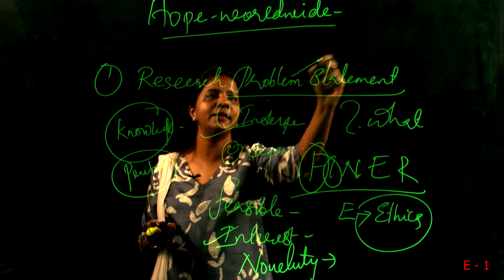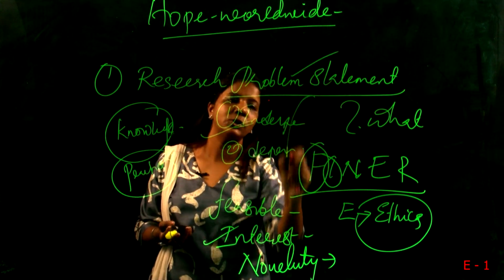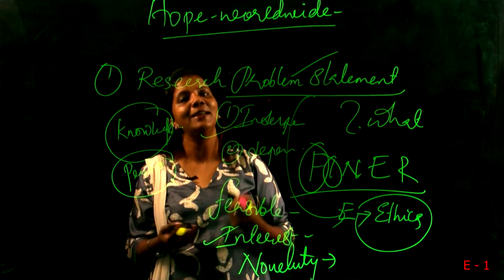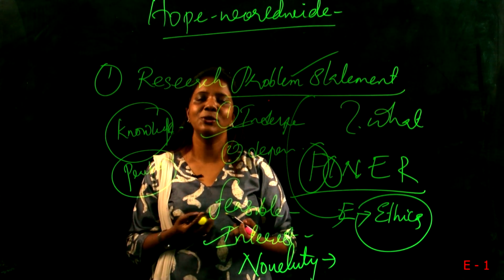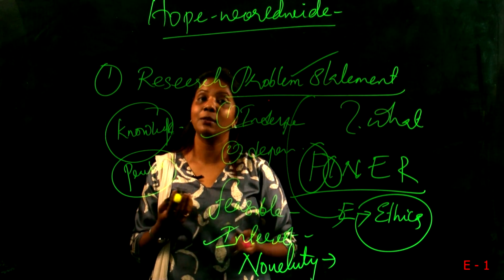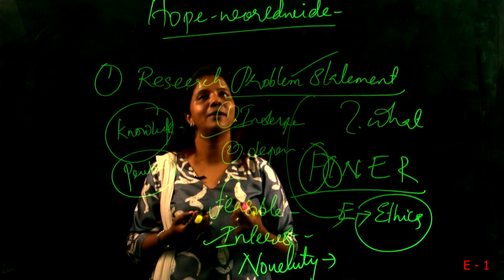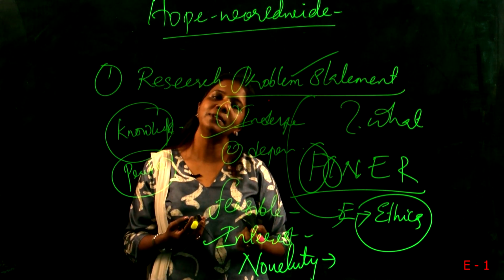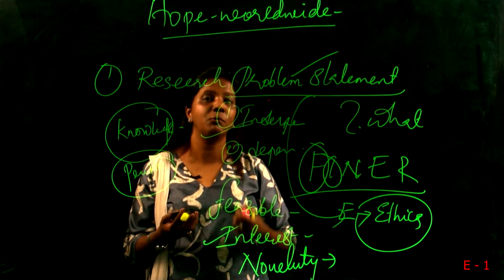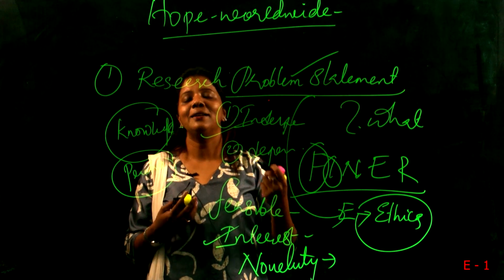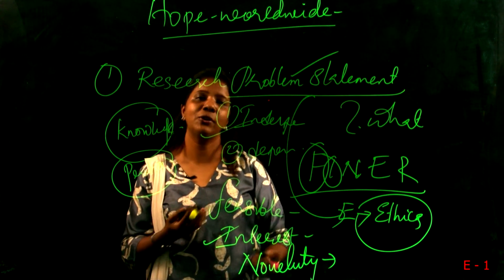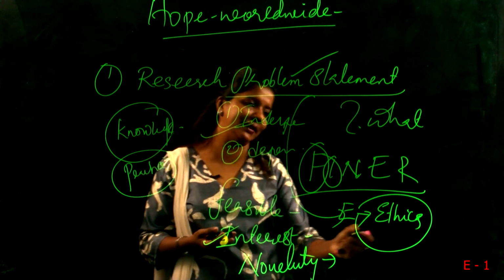So whenever you are selecting a statement of the problem, make sure that it is ethically approved and that it can legally be conducted. You cannot interfere with the privacy of the client. You cannot interfere with the confidentiality. Whatever we do in research should promote autonomy, promote beneficence, be confidential, and always have dignity and respect for your subjects. So this is called ethics.